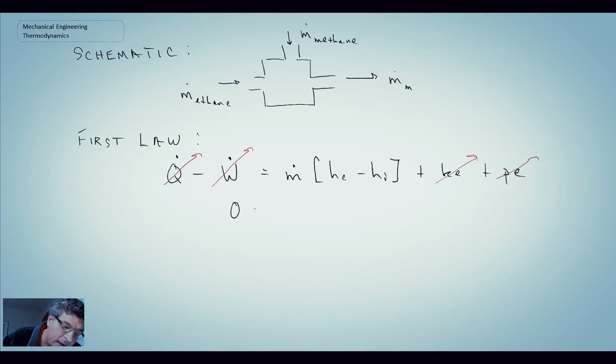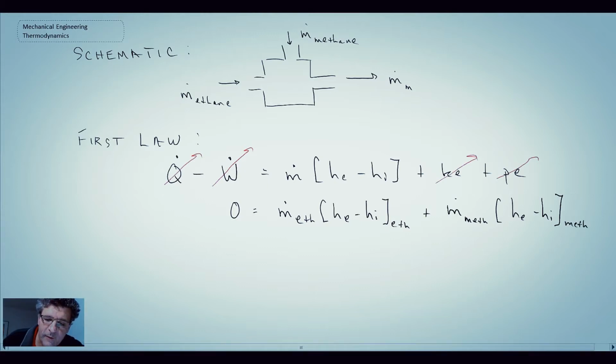And what we're left with then is the mass flow rate of either ethane or methane multiplied by the change in enthalpy of those two fluid streams. This is where we will be making an approximation in terms of the specific heats for the enthalpy change.